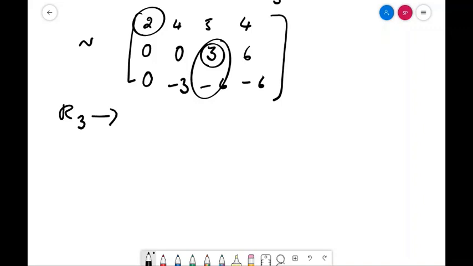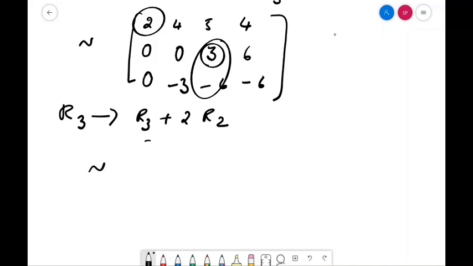Yeah, let us continue. We'll go for the next one. R3. So I have to make this zero. So I have here R3 plus 2 times R2. So what do I get?